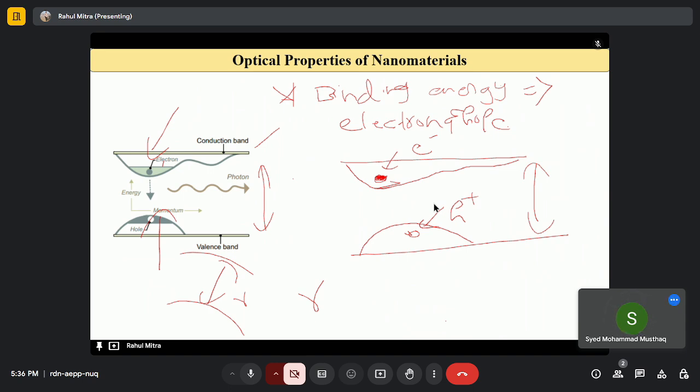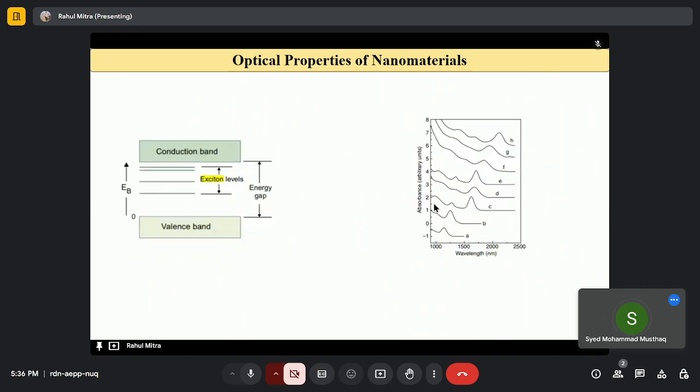Now, the difference arises when the exciton radius has nanoscale dimensions. For nanomaterials, the exciton radius is confined, just like the energy values.